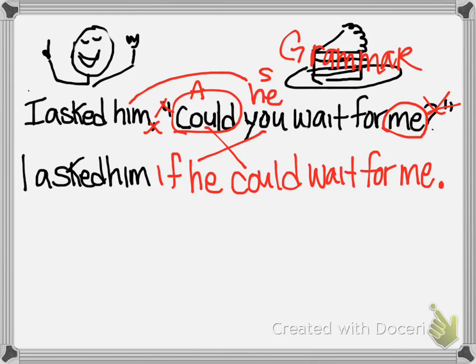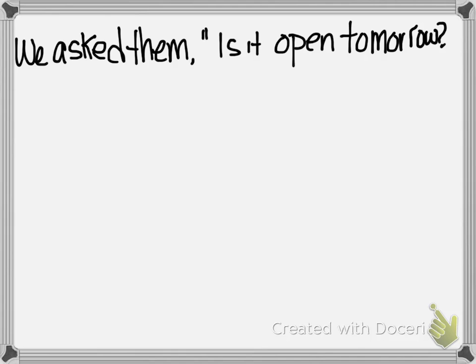Yum, yum. Let's do some more practice, if you're still watching this. Okay, so we asked them, is it open tomorrow? So let's get rid of our punctuation here. And we're going to add if. We asked them if.